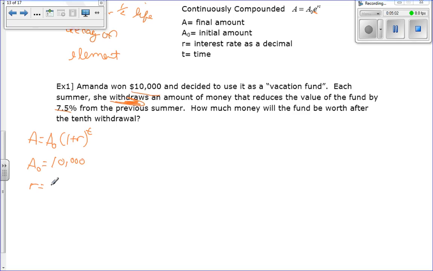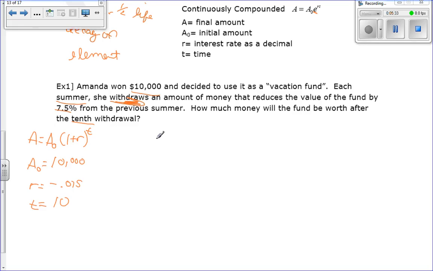So that means my rate is a negative, and then change 7.5% to a decimal, 0.075. And then T is the number of years. Well, if it's each summer, if she's taking out money, and they want to know after the 10th withdrawal, T is 10.